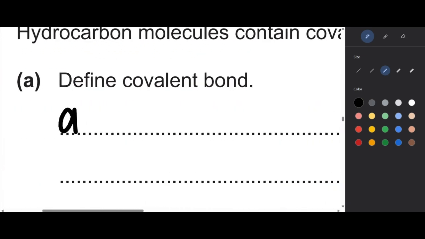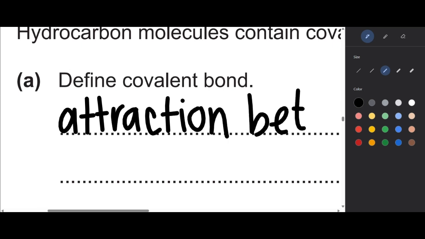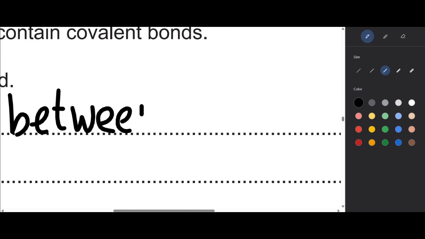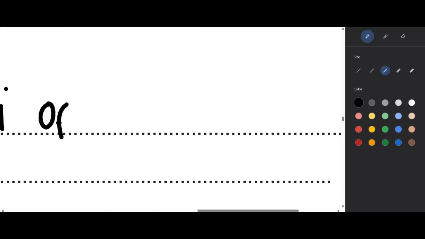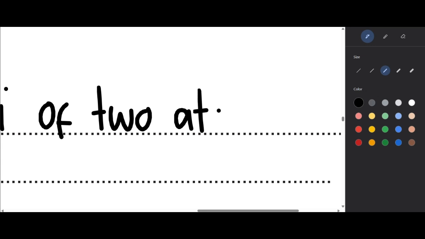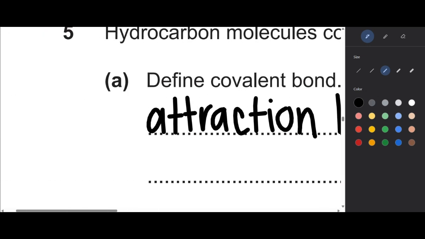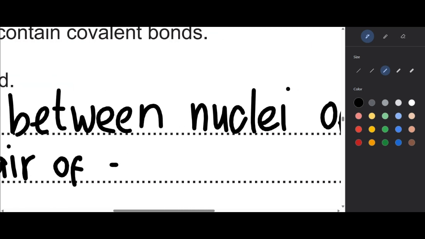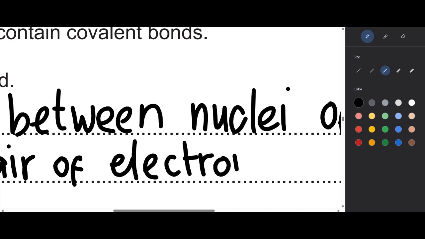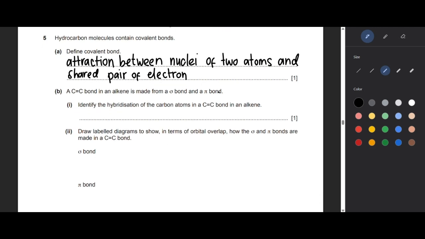A covalent bond is the attraction between the nuclei of two atoms and a shared pair of electrons. This is what is defined as a covalent bond: attraction between the nuclei of two atoms and a shared pair of electrons.